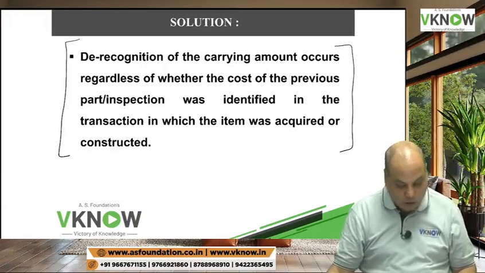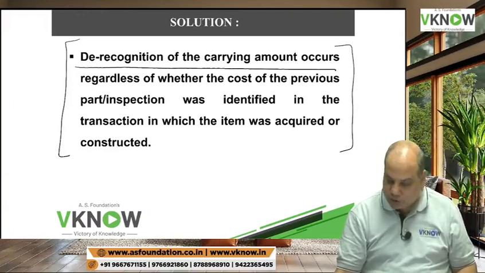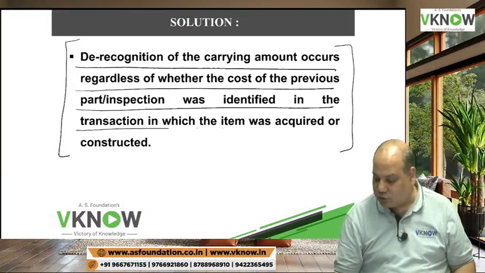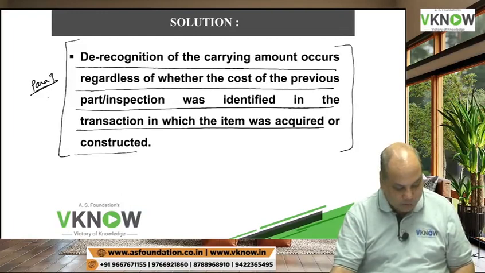This paragraph is printed in your book also. In case you are a lazy fellow and don't want to write, then this is in paragraph 9, last part, last sub-para.